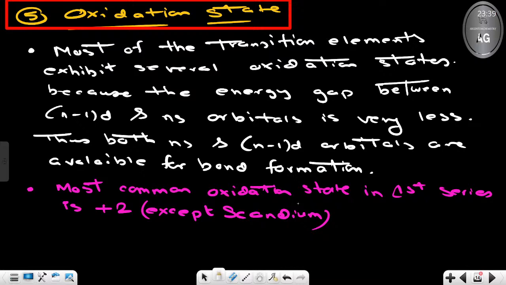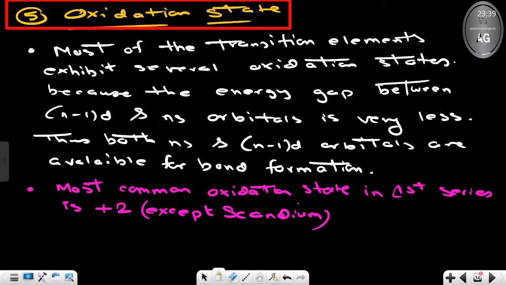Because of the energy gap between ns and n-1d. The energy gap between the ns and n-1d orbitals is very less. So if the energy gap is very less, electrons can move from one orbital to the other easily, and depending on how many move, that forms the oxidation states.